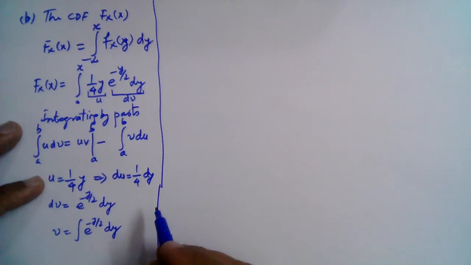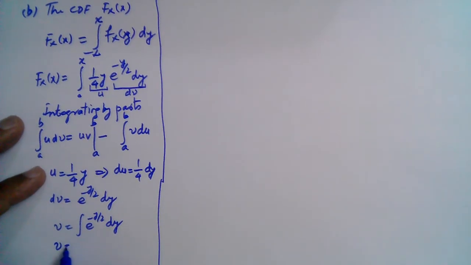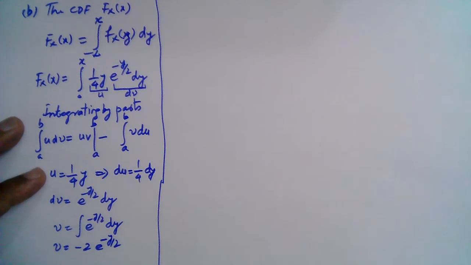So here v is equal to minus 2 e raised to the power minus y over 2, right?